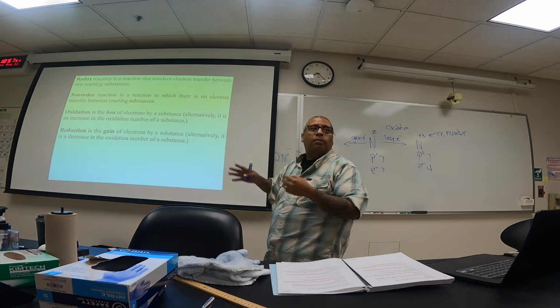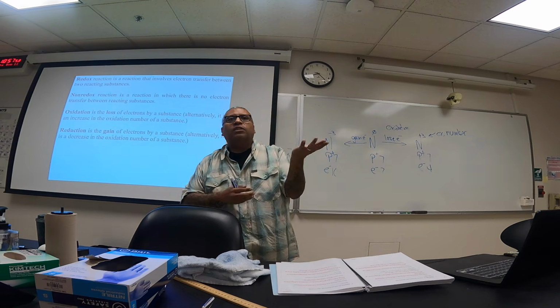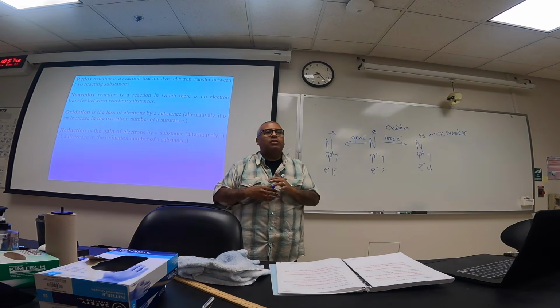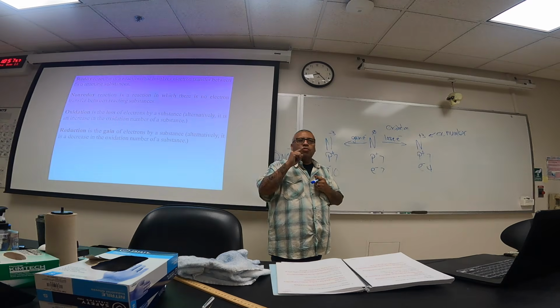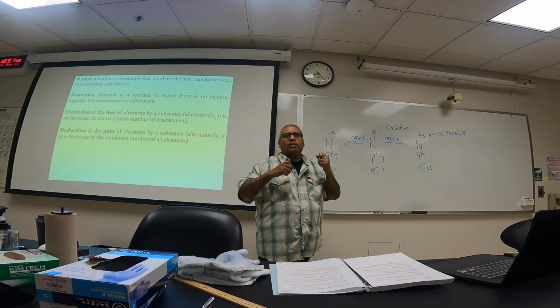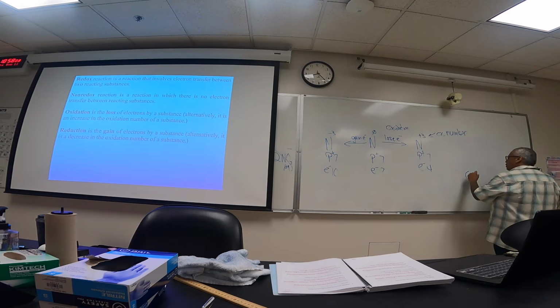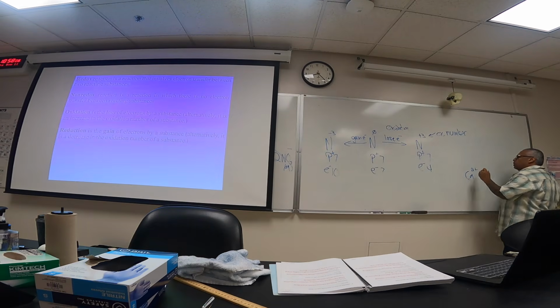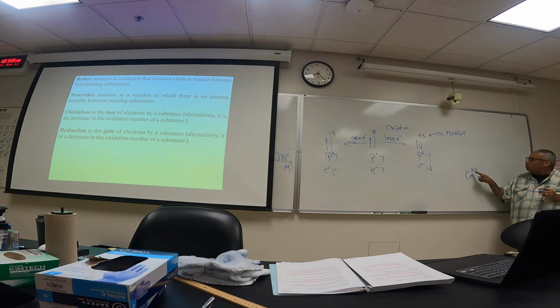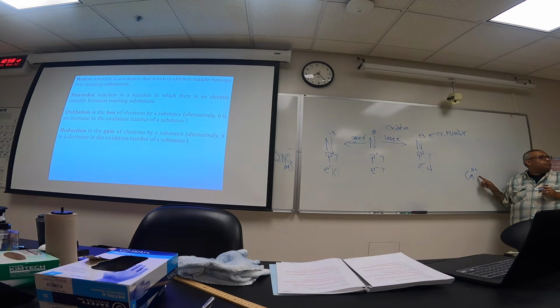If I want its charge, I'm going to go to the periodic table. I see it's in group 5, 5 minus 8 minus 3, and the charge is 3 minus. Because that's what I've been showing you. If I want the charge on calcium, I put 2 plus. I've never written it as plus 2.